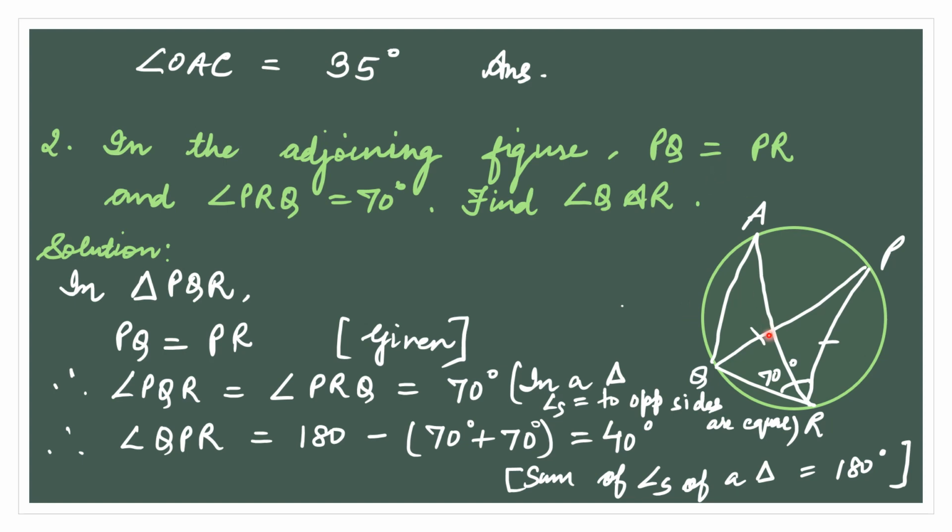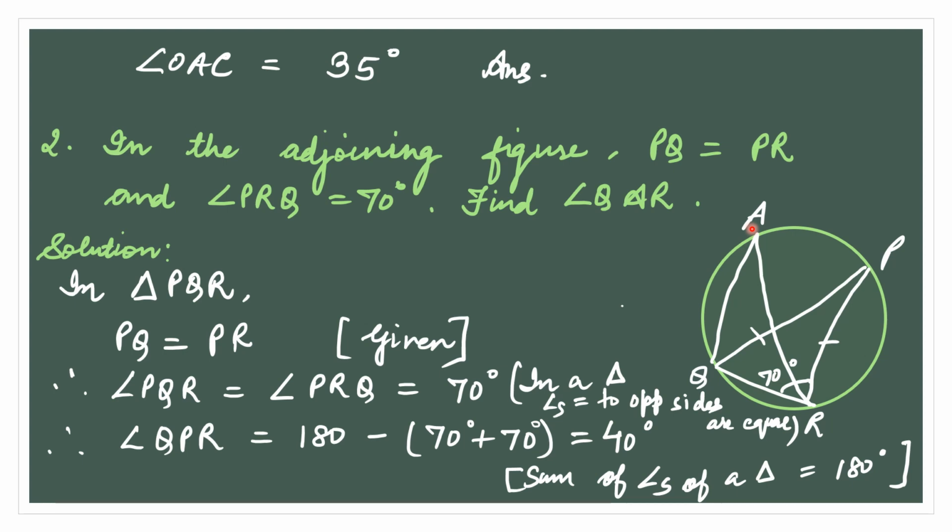So one side is 70 degrees, so the other side will also be 70 degree, since two sides are equal. So 180 minus 70 plus 70, that is 140 degree, so this angle P will be equal to 40 degree.